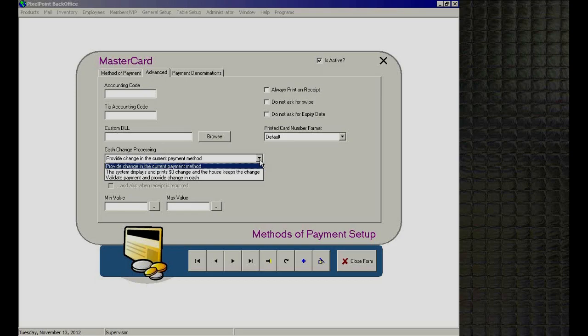Now, the way these government vouchers typically work is that they do not provide for change. If they did, then some people will just go buy a pack of gum and then give me the change. And they don't want that. What they want them to do is use them for meals and so on like that. And so, with that being said, if I present a $15 government voucher and it comes to $14.50, rather than provide change, the system displays and prints $0 change and the house keeps the change, being the 50 cents.